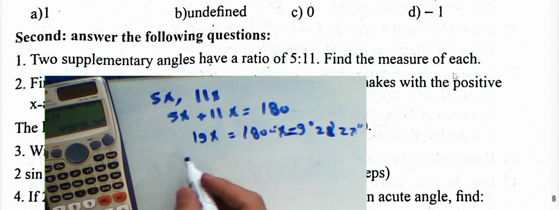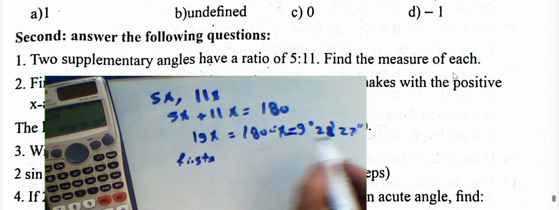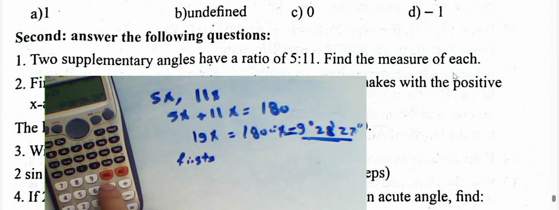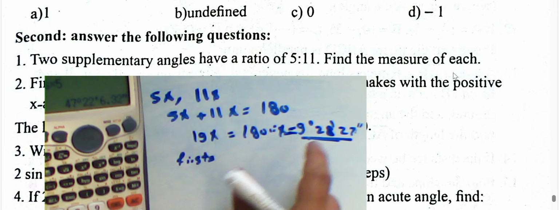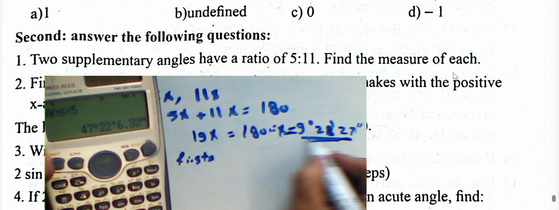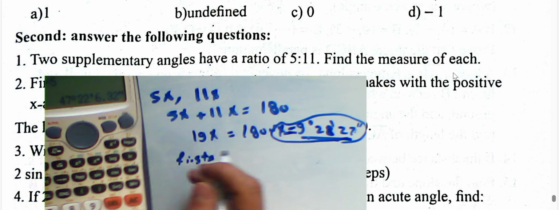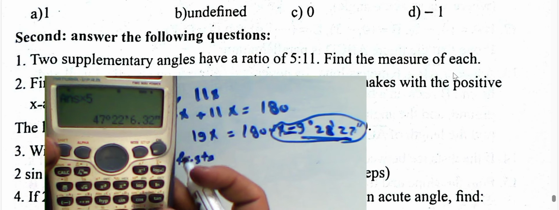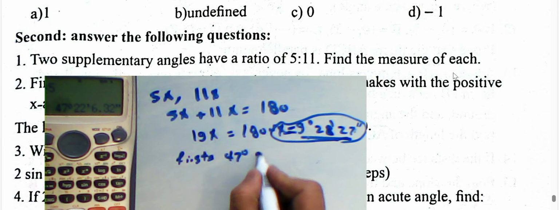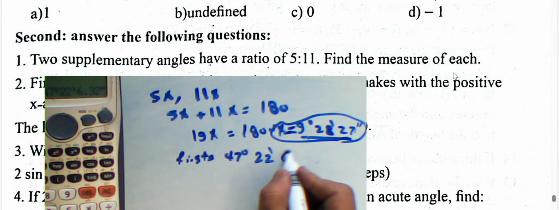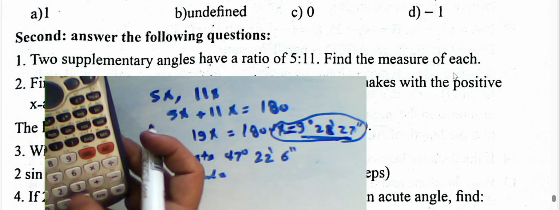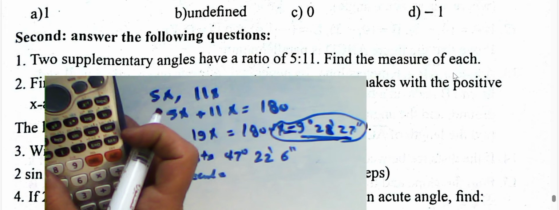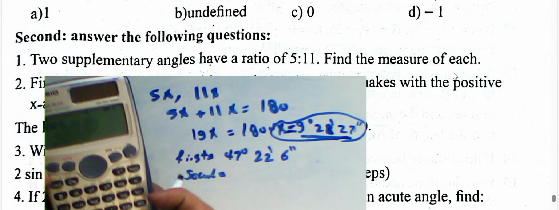Now we can find the first angle by multiplying by 5, and the second by multiplying by 11.